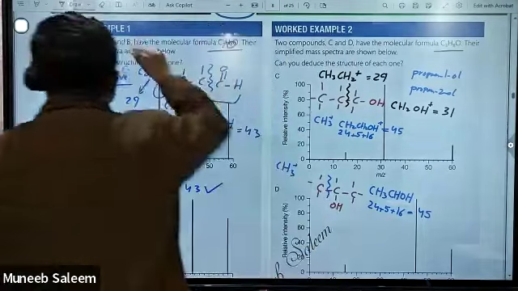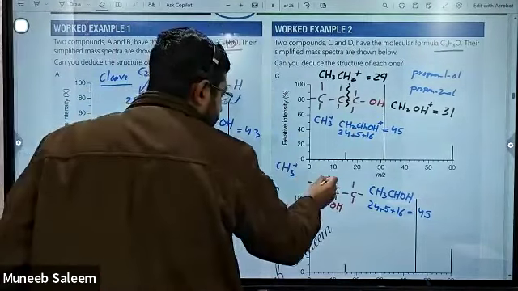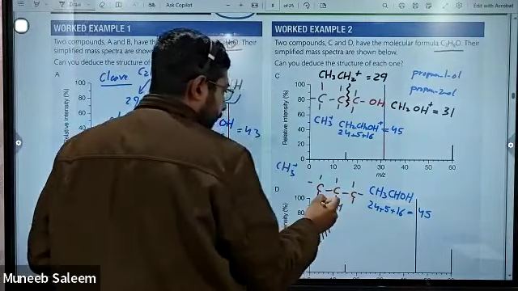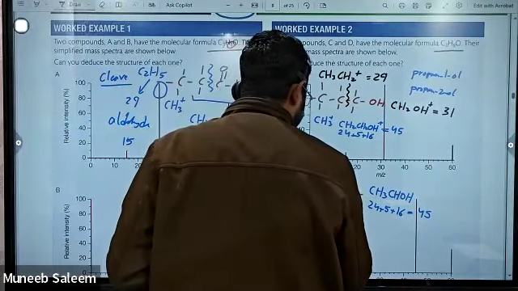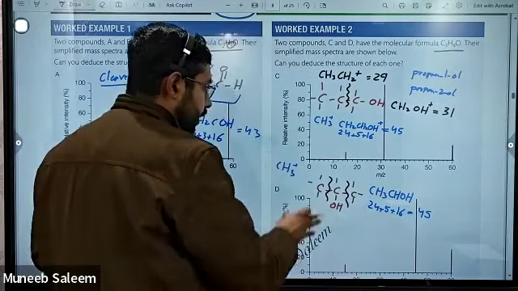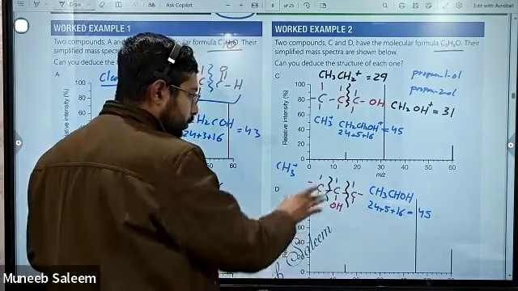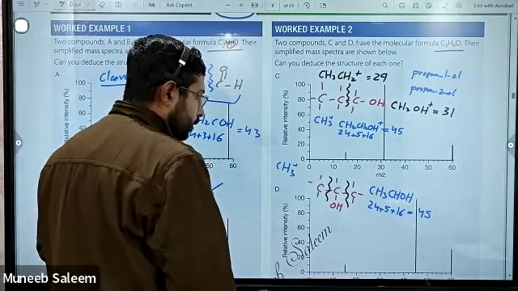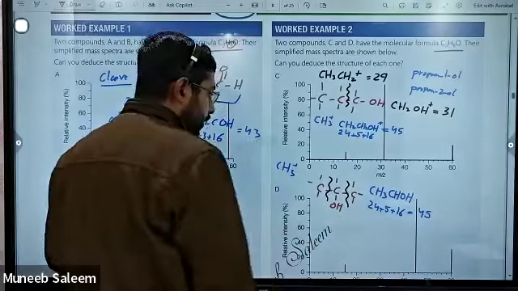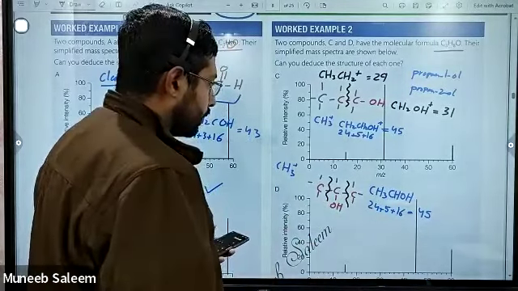Now for this one, I will do the fragmentation from this and this side, both of these sides. Although it will provide me two methyl cations, they are of no use for me because both of these molecules contain the 15 value.